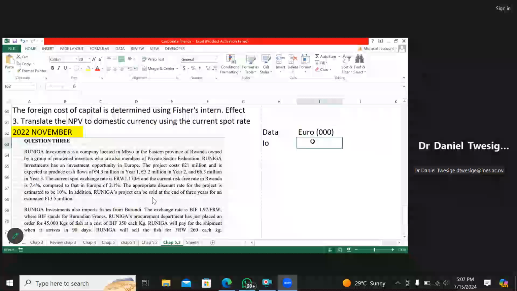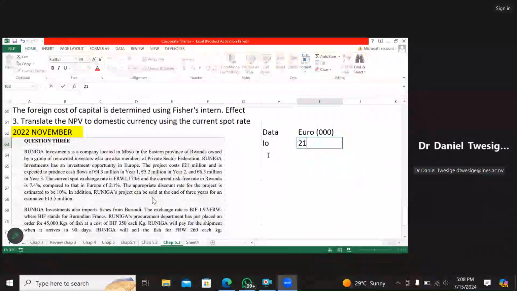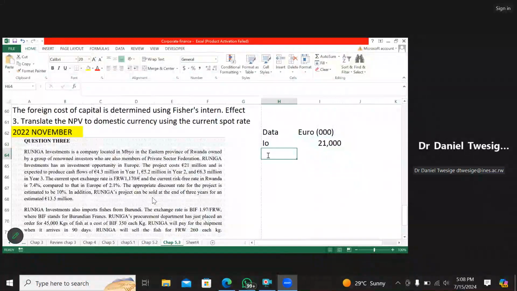The initial investment is 21, and it is able to generate cash flows in year 1, year 2, and year 3.